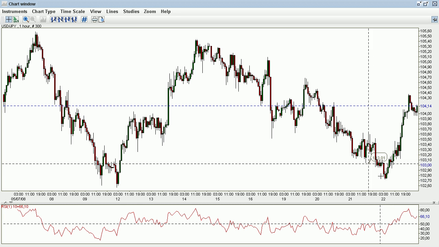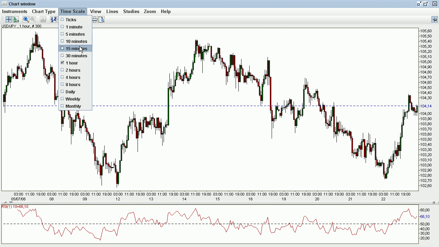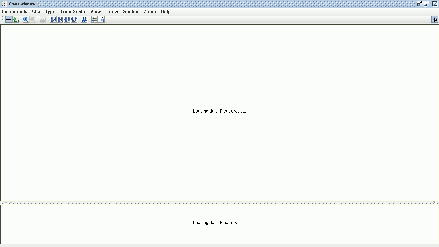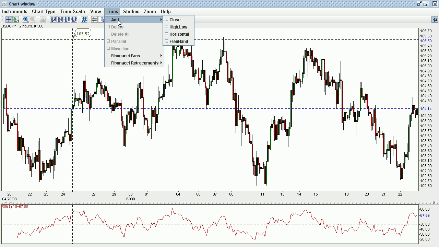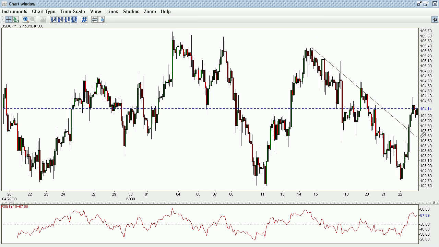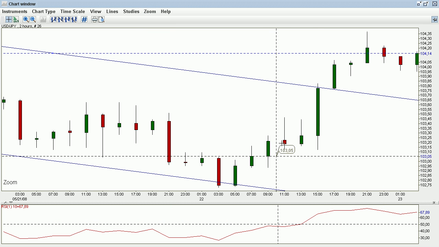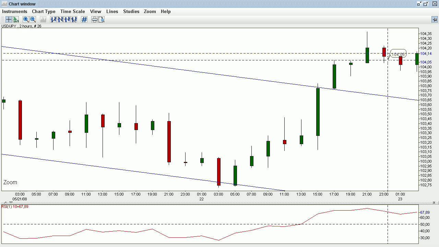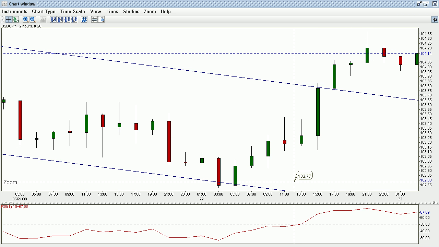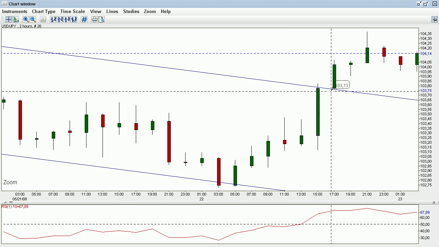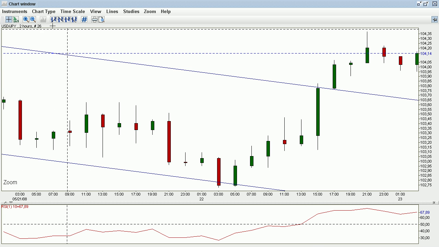I was spotting on the 2 hours time frame this downsloping channel, and yesterday when I left you we were just on its lower boundary, and the price rebounced from this lower boundary here, and then it broke the upper boundary, and as you can see we had approximately 150 pips of difference between the high and low value for the day.